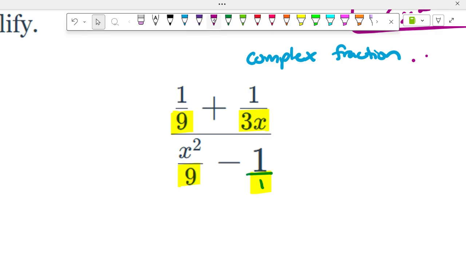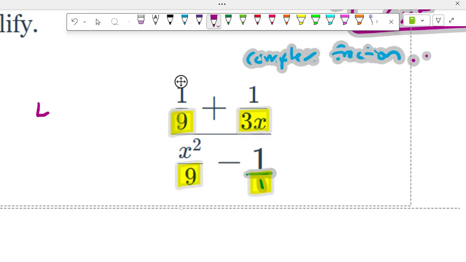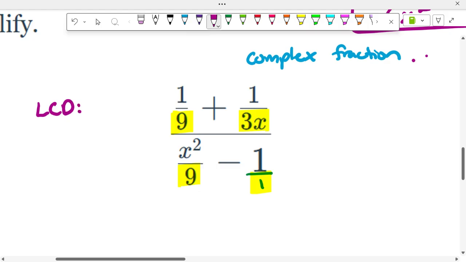Absolutely, what needs to be included in our LCD? x has got to be included. Now, between 9, 3, and 1, what is the smallest number that can be divided evenly by all 3 of those numbers? It's 9.